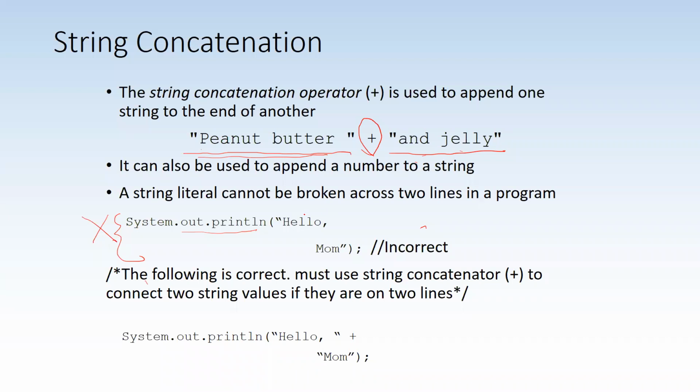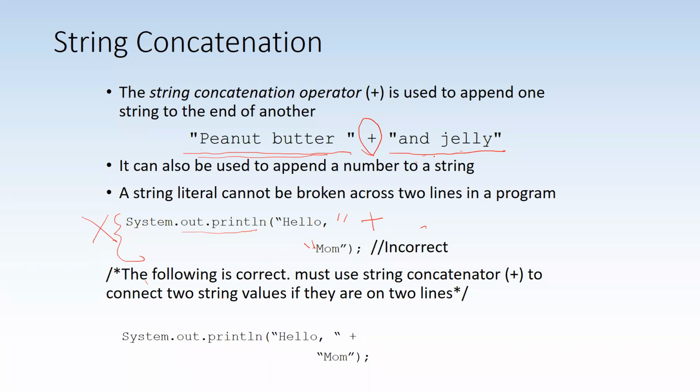System print line. So if you want to do it in 2 lines, sometimes your string is so long, you want to go to the next line, right? For easier reading. So you will close this string and put a plus sign there and begin a new string. Okay, that's how you print it with 2 lines. And just like this, the bottom one, just like that.